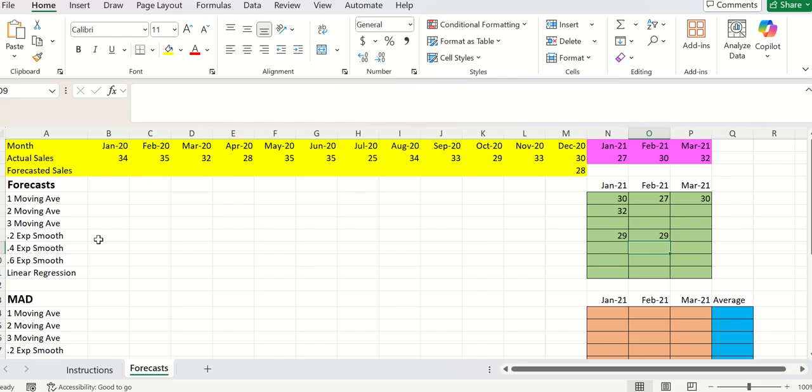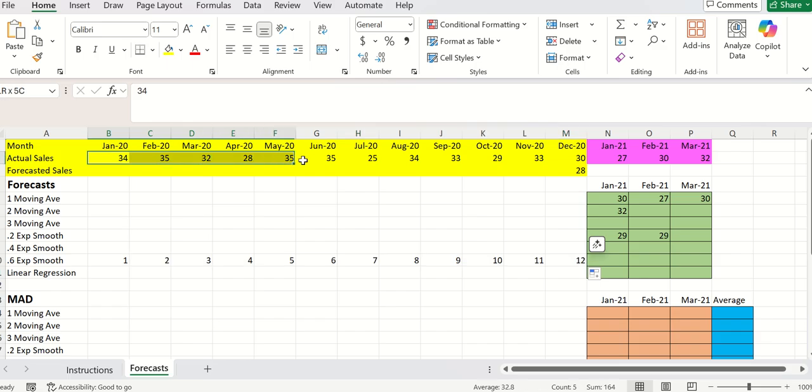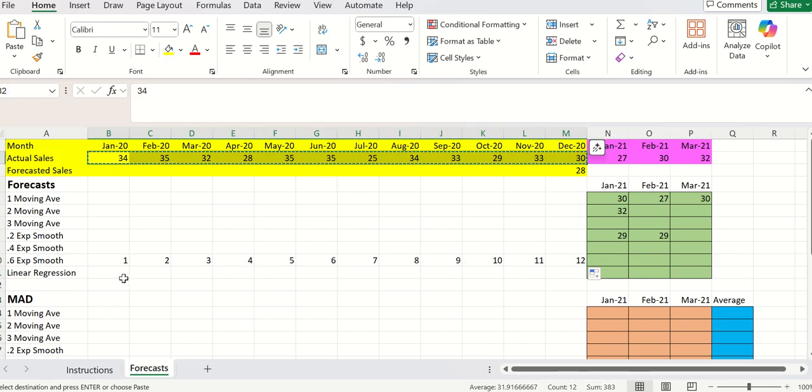With linear regression for the forecast, because of the way Excel does this, instead of using the months, we convert these to time periods. So what I'm going to say is I have 12 time periods worth of data. I'm going to copy and paste in the actual values.